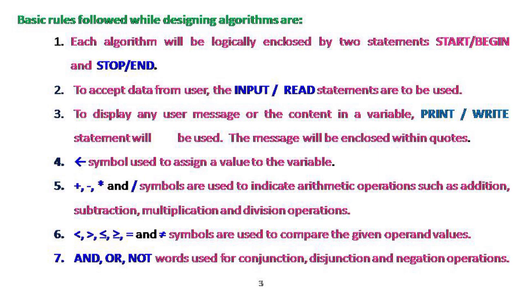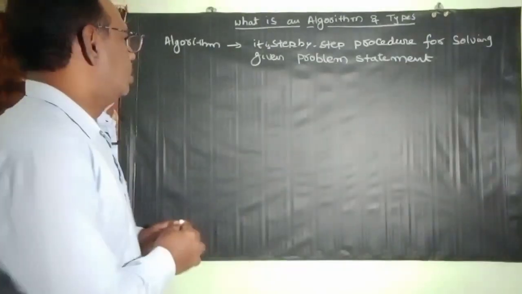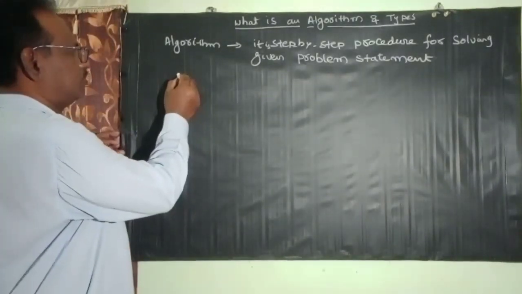So first we'll take an example of how to write the algorithm in step form. First one is step form, example.